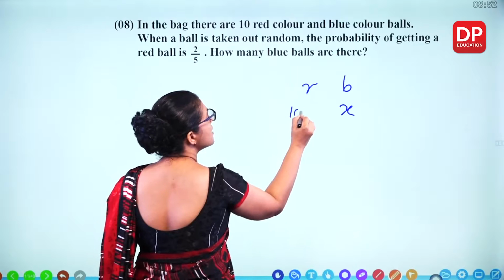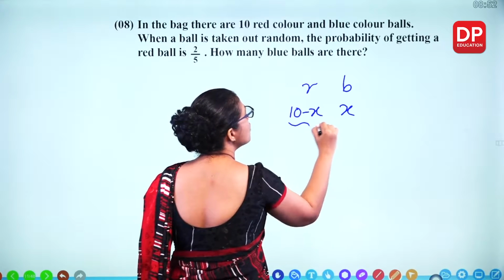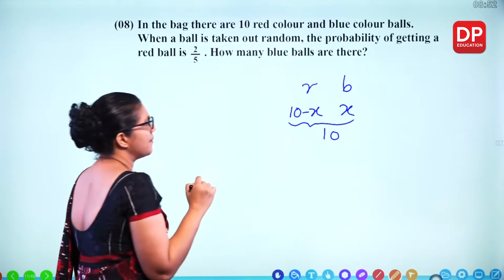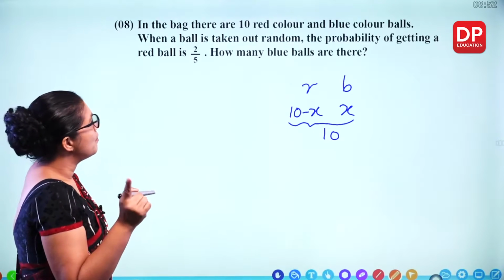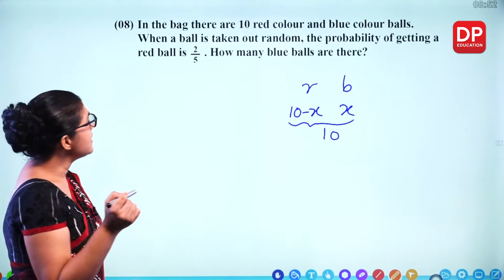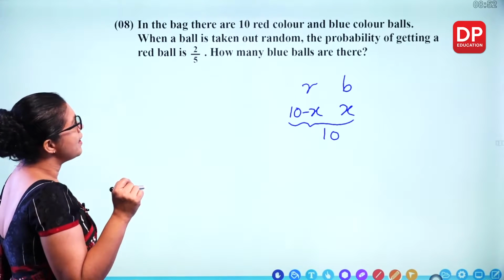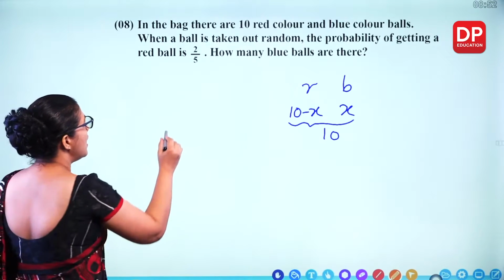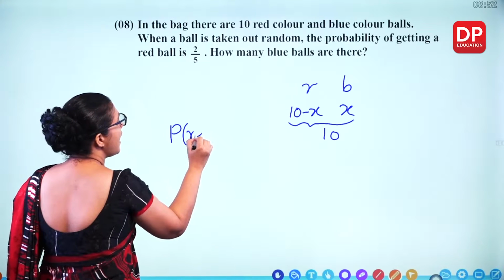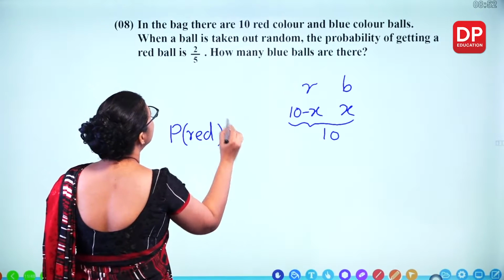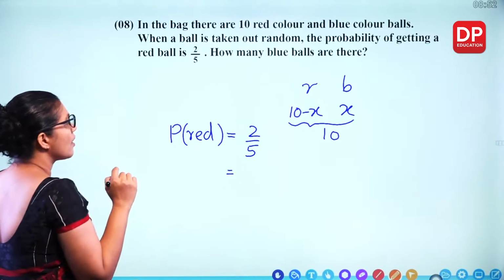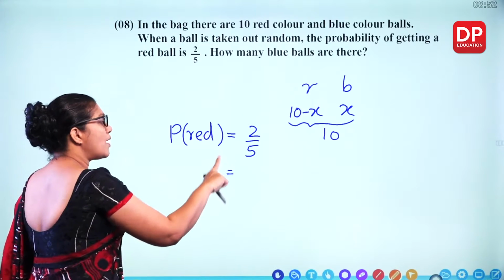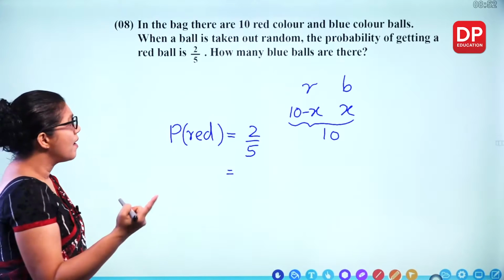So what's this one? 10 minus x, because the total is 10. Probability of getting red is 2/5. What is the probability of getting blue then?